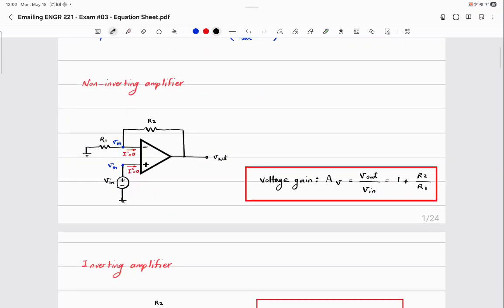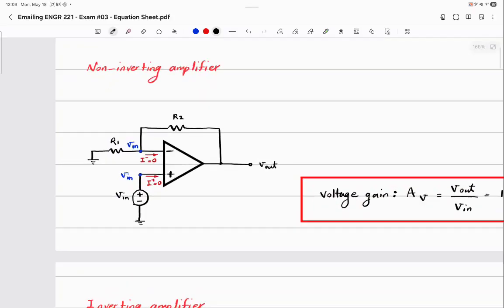Now, I've brought all the circuits in op amps that you had, the famous circuits, but remember, if you have a circuit that is not among these, it doesn't mean that you can't answer the question. Just apply the rules and analyze the circuit, exactly as you would for any other circuit. One thing that I would suggest, if you have some spare time before the exam, is to memorize these structures and their corresponding formulas.